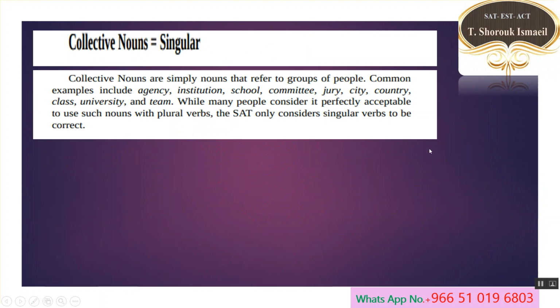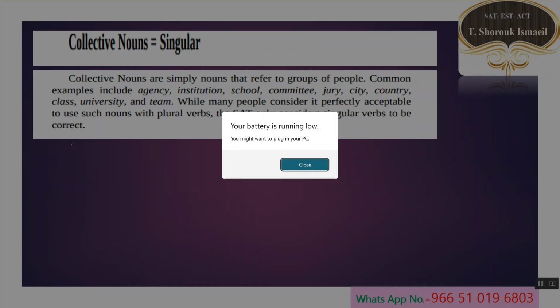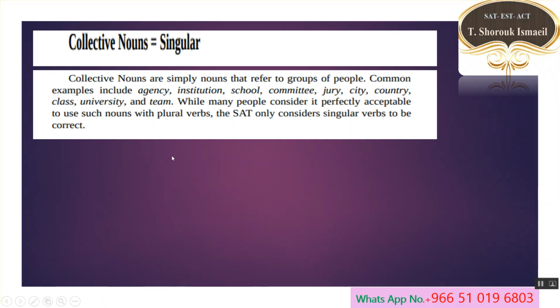Collective nouns. Actually, they are important. When you see a collective noun in SET, you need to deal with it as a singular noun. Well, what are collective nouns?